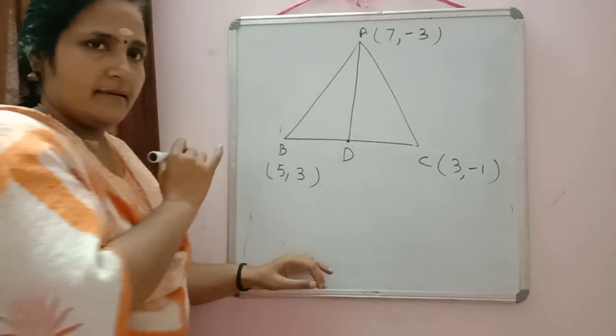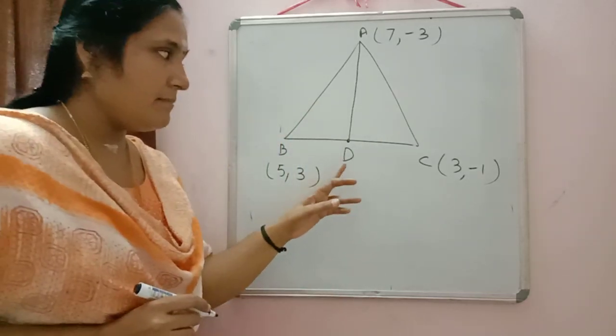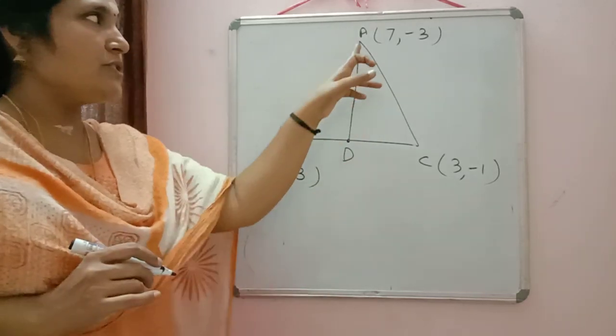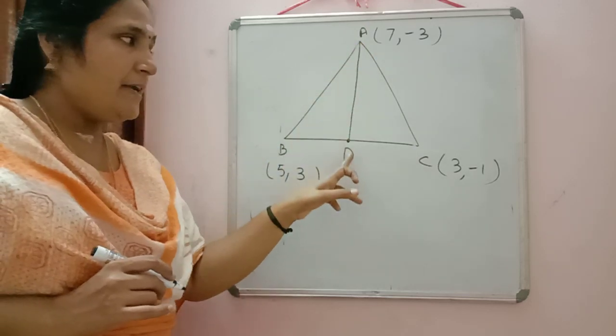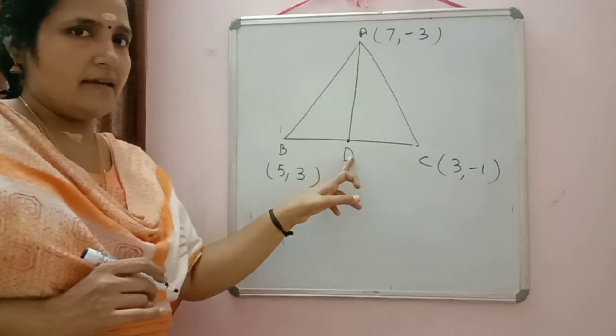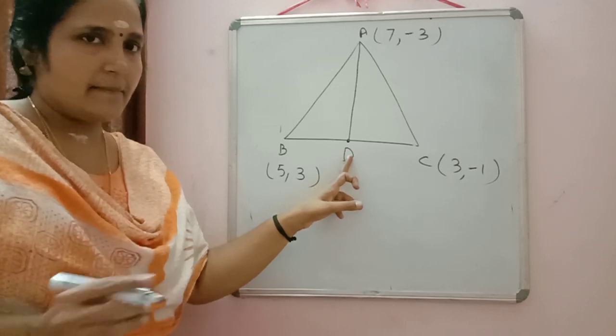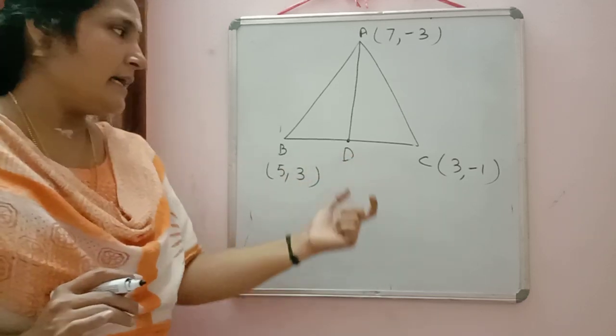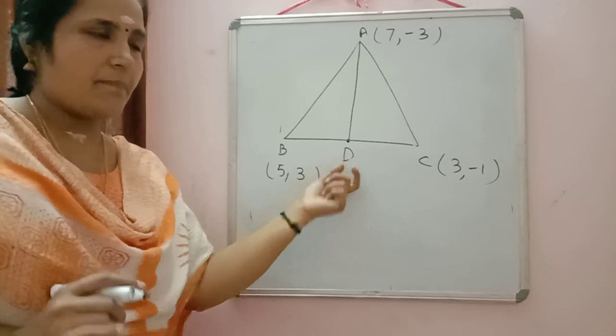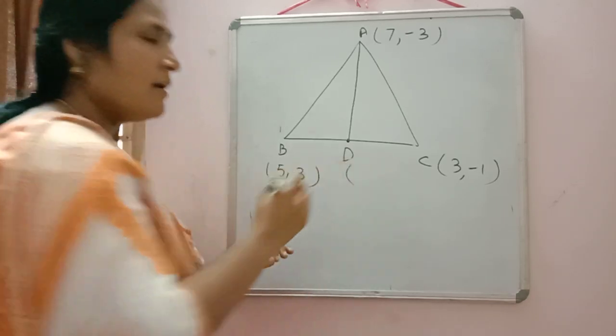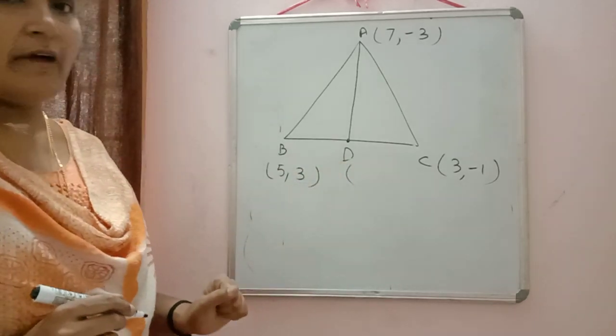How will we do it? What we said, median means the line segment which joins the vertex to the midpoint of the opposite side. So what we have, D is the midpoint of BC. We are not going to write that directly. By using the concept of midpoint, we will write down what the coordinate of D will be.